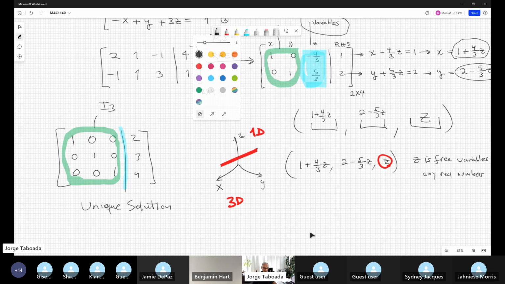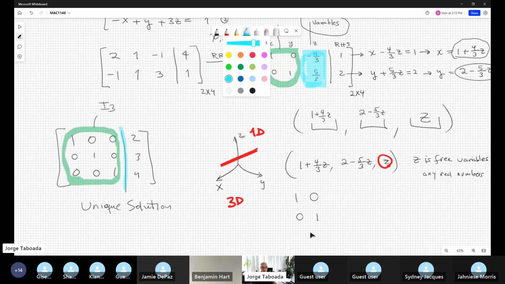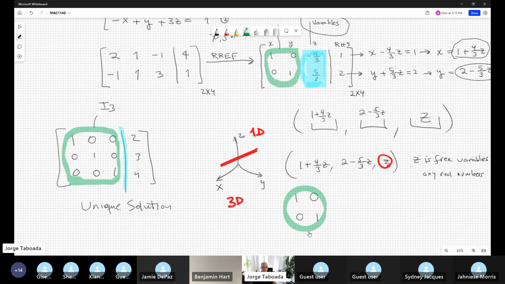Suppose you have another example. Again, suppose the identity matrix of dimension 2, maybe, and you have, for example, one block of the free variable and another block of the free variable.